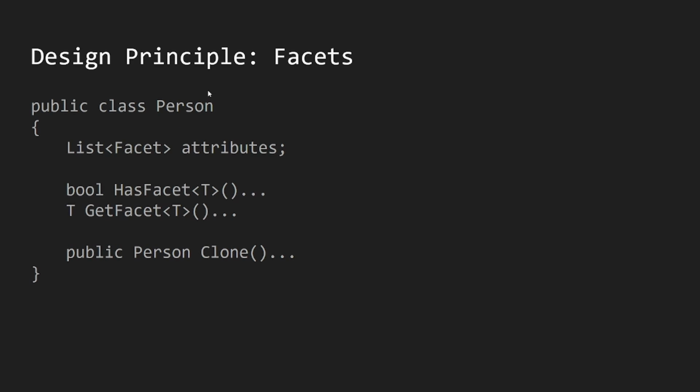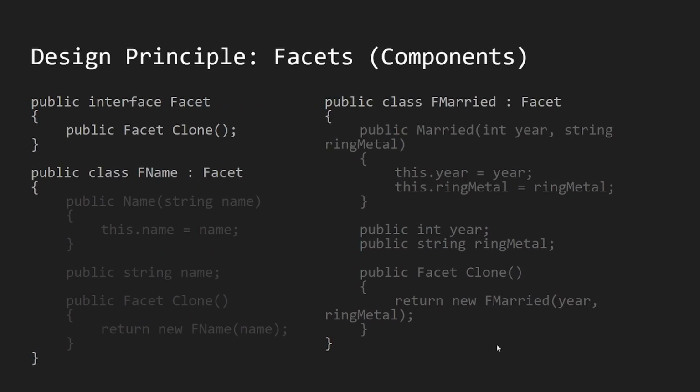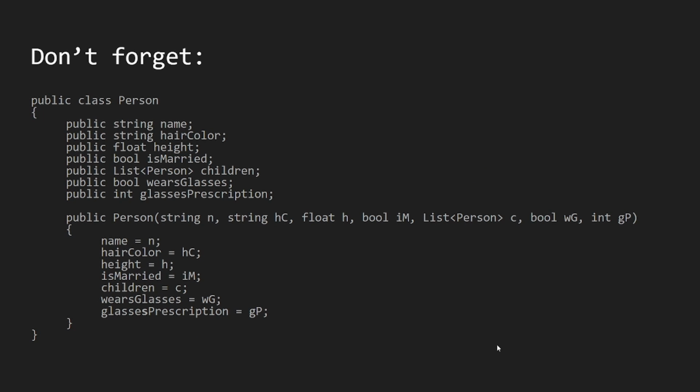Look at this. We have a list of facets called attributes and a couple of great functions: bool has facet, the generic get facet of a generic, and a clone function, of course. But the most important part is that if you compare this code to this code, it looks way better.